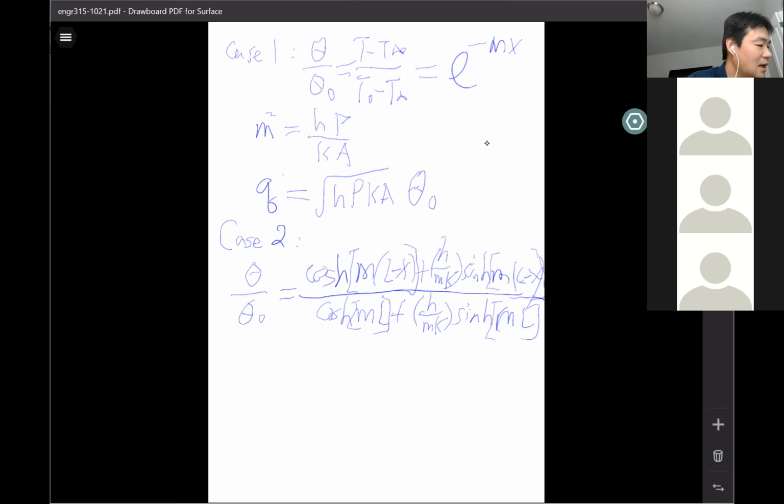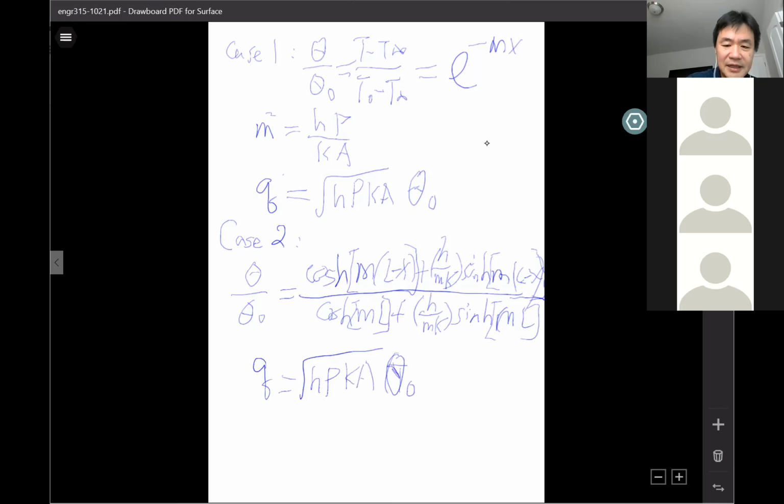Then the Q for case 2 looks even worse. It's h P k A times theta 0.